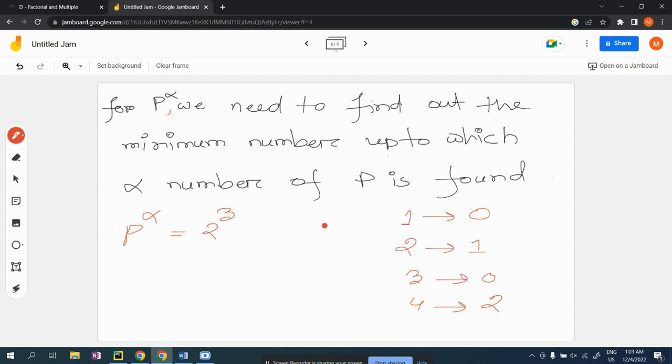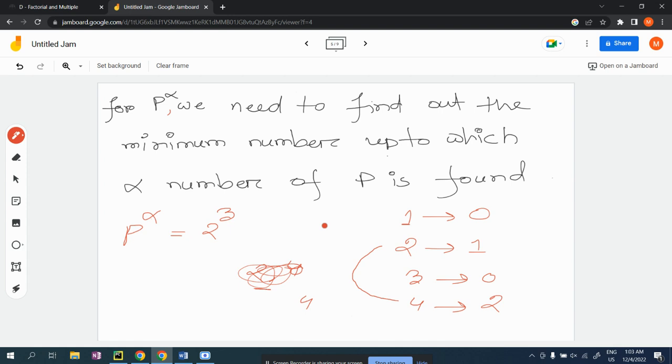So try to understand this. If n factorial wants to contain 2 to the power 3, it must contain 2 and 4. But we can say that it must contain 4 only, because if it contains 4, all the numbers less than 4 will also be present, since it is in factorial form. So 2 will also be present in that n factorial. So n factorial must contain 4 so that 2 to the power 3 is present.